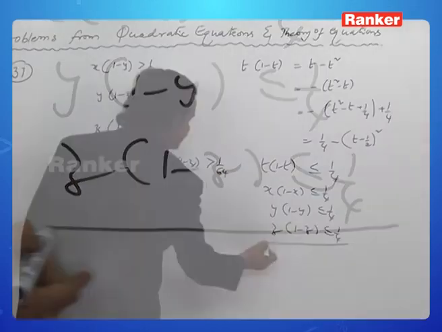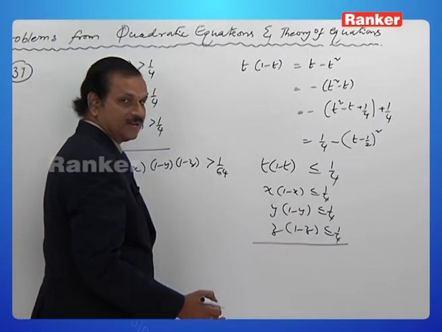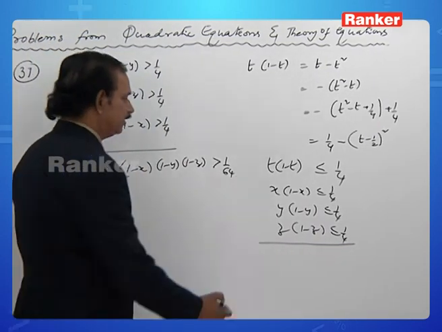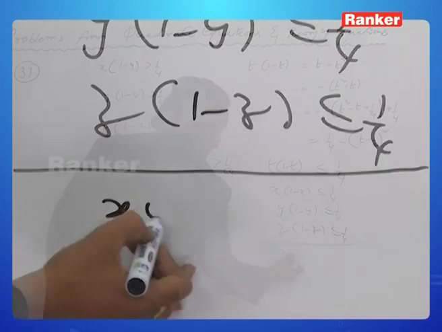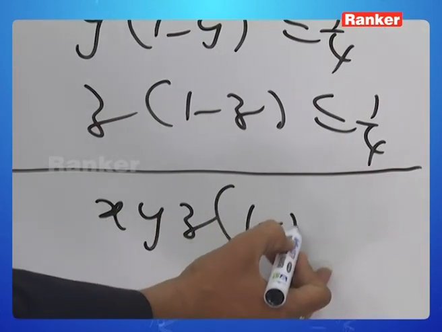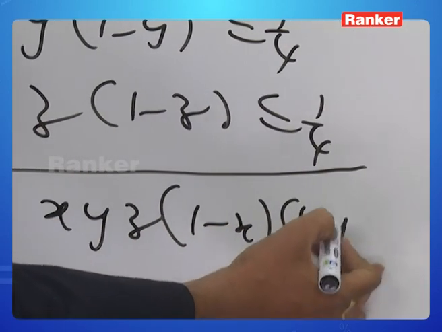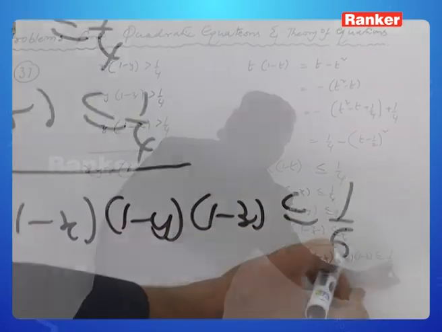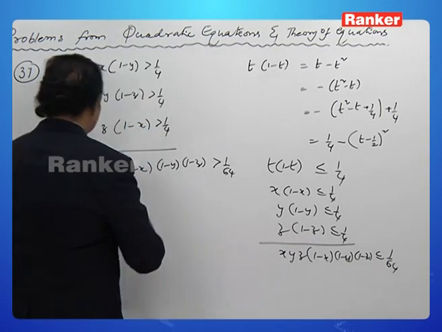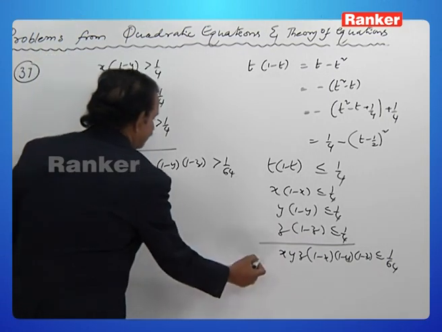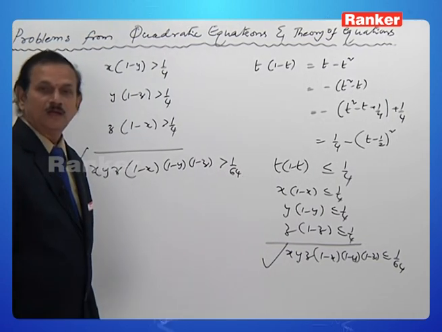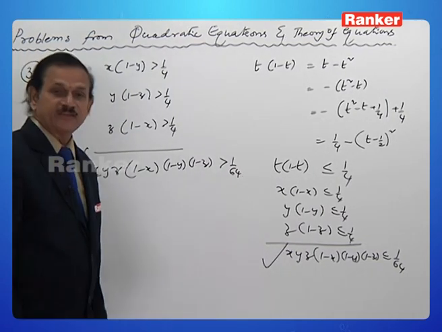As in the previous case, if you multiply all these three inequalities, let us see what is going to happen. X into y into z is xyz, and 1 minus x into 1 minus y into 1 minus z is of course less than or equal to 1 by 64. Please observe these two inequalities. These are purely contradictory.